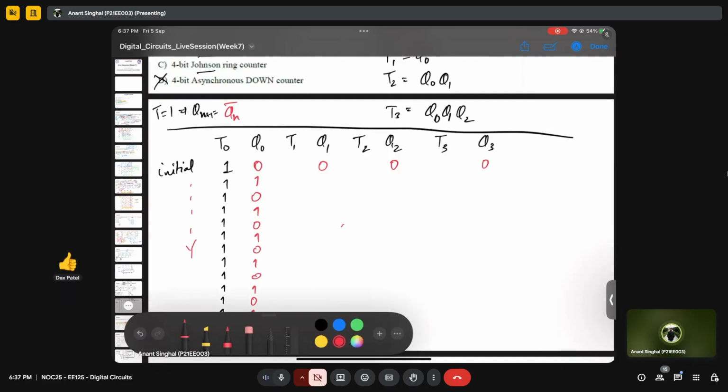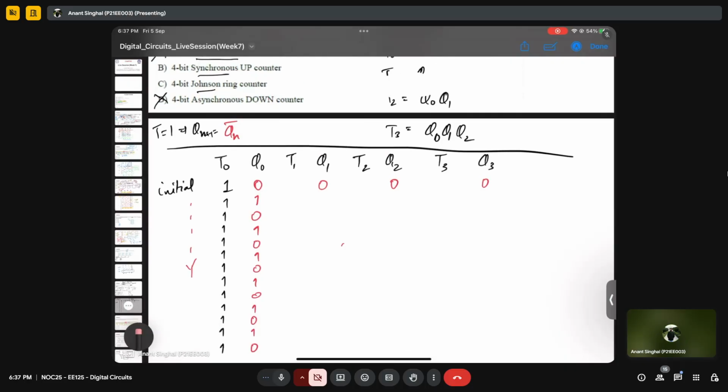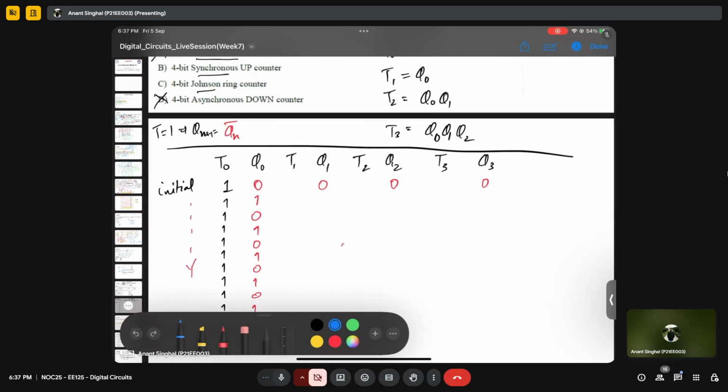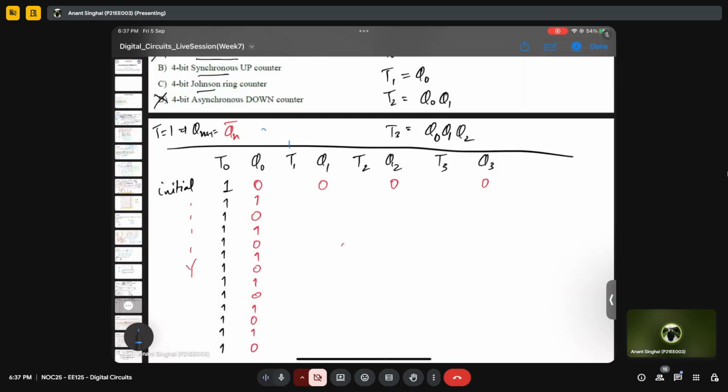Okay, if it is clear, then we know that T1 is nothing but Q0. So I'll write this again: 0, 1, 0, 1, 0. So now what do we know? Based upon T1, whenever T1 is 1, then it will toggle, otherwise it will remain the same.